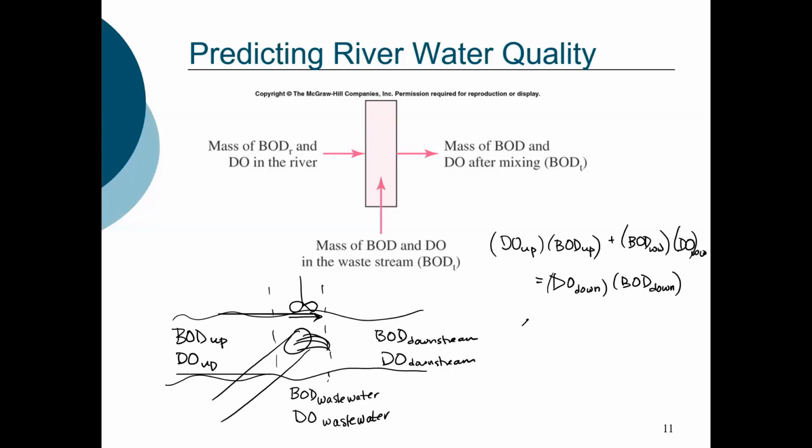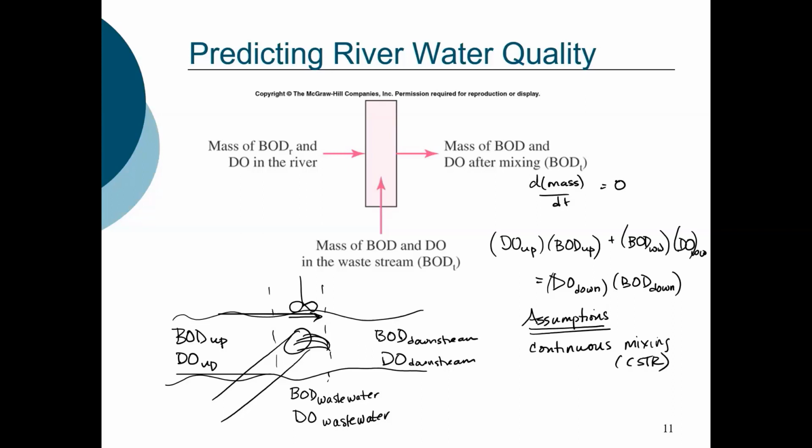Now I've made some assumptions. Got mass balance. What are the assumptions I've made? Mass balance, okay. Continuous mixing. So we've got a CSTR. I've made the assumption that the change in mass with respect to time is equal to 0.